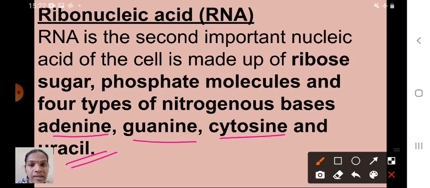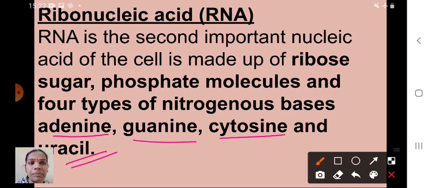Instead of thymine here, which one is there? Uracil is there. Where is thymine present, children? Yes, thymine is present in DNA. But in RNA, instead of thymine, which nitrogen base is there? Very good, uracil is there.